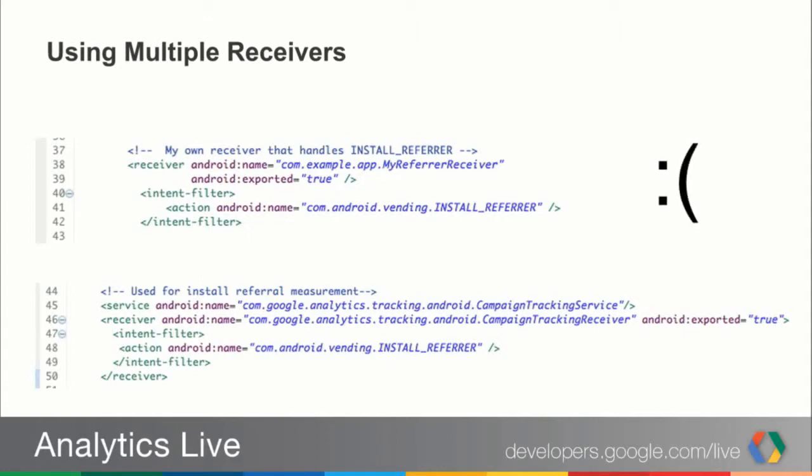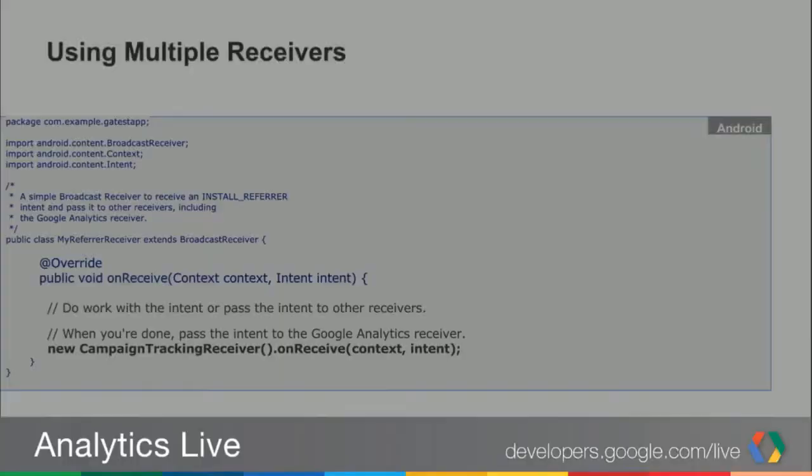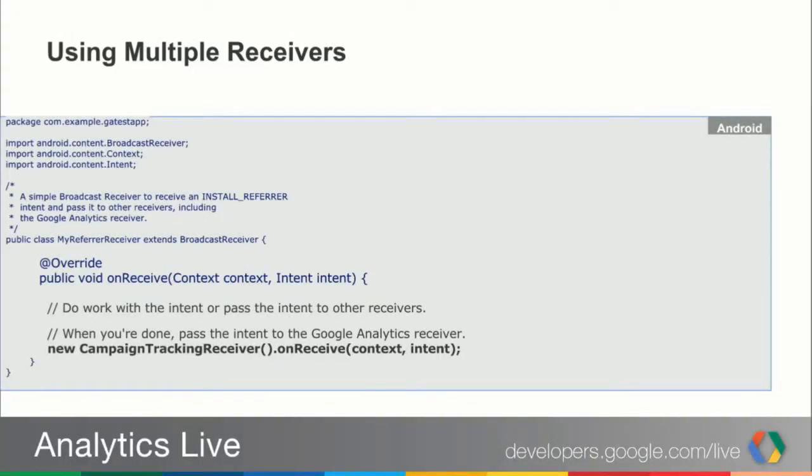So the solution for this is pretty straightforward. It's my sad face emoticon. You don't want to do this. What you want to do instead, at least in the last example, is take the receiver that you already had and do whatever work you're going to do with the install refer intent. And then at the end, as soon as you're done with all the other work, you can just instantiate this Google campaign tracking receiver.